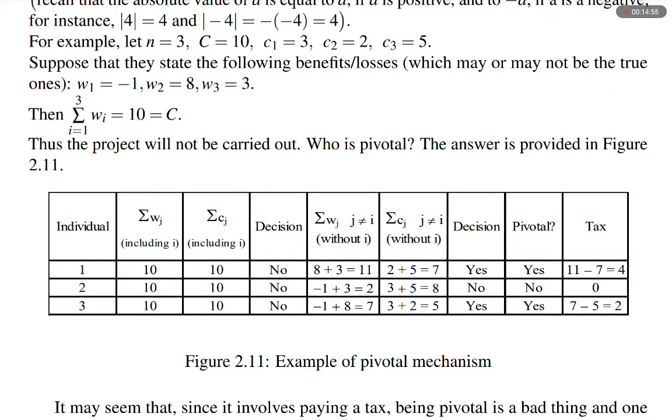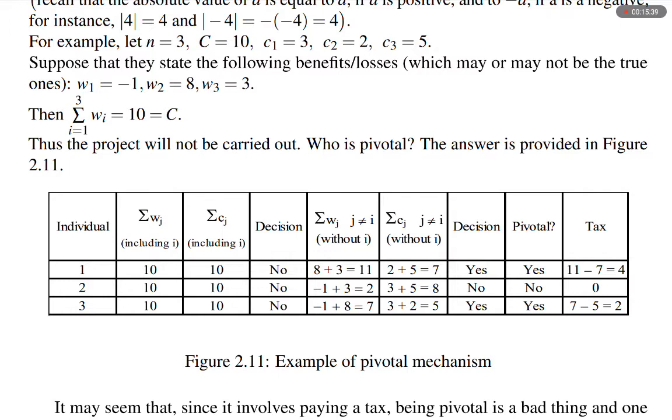Who is pivotal? The answer is provided in figure 2.11. Figure 2.11 is an example of a pivotal mechanism. For individual 1, the sum of W sub j including i is 10.